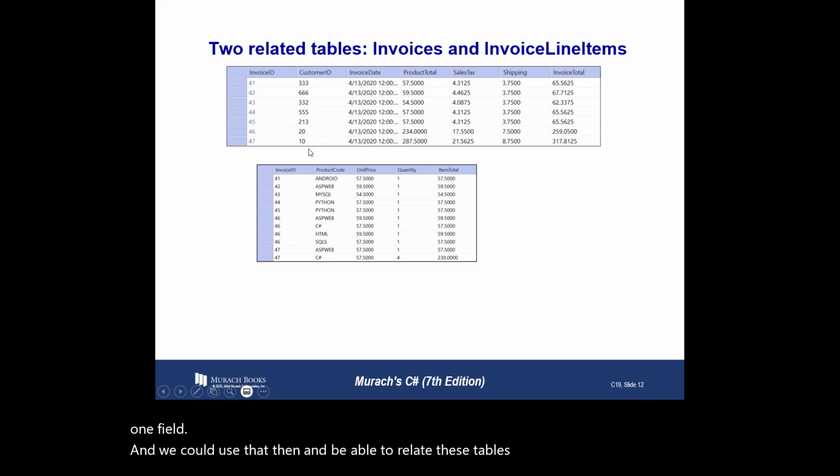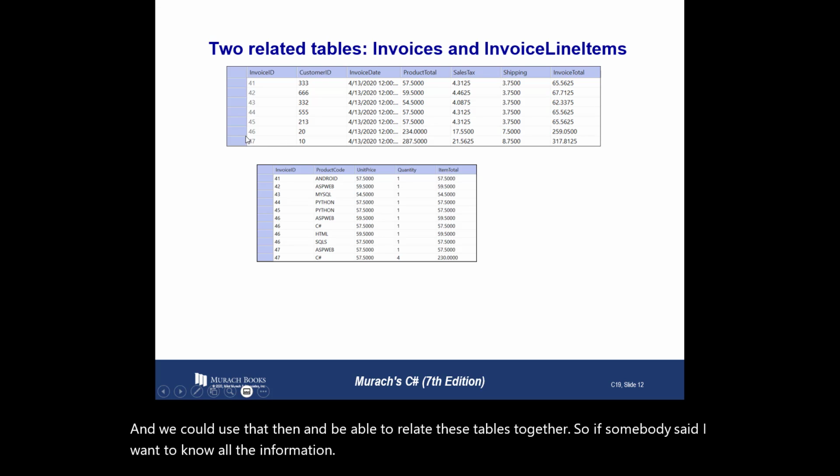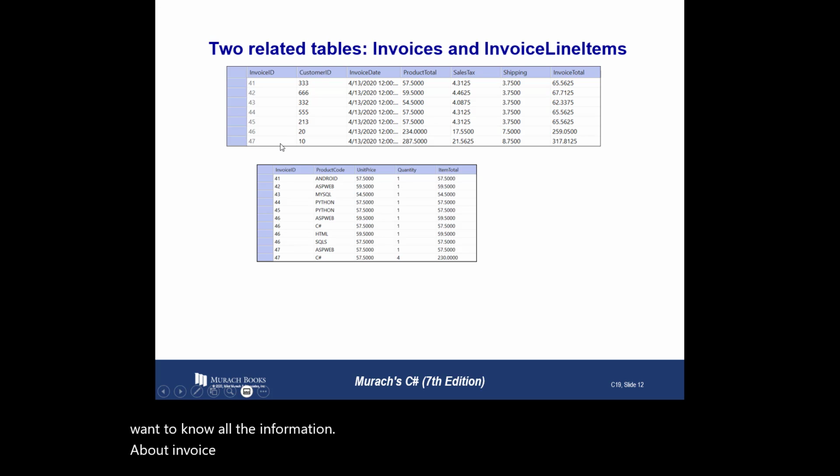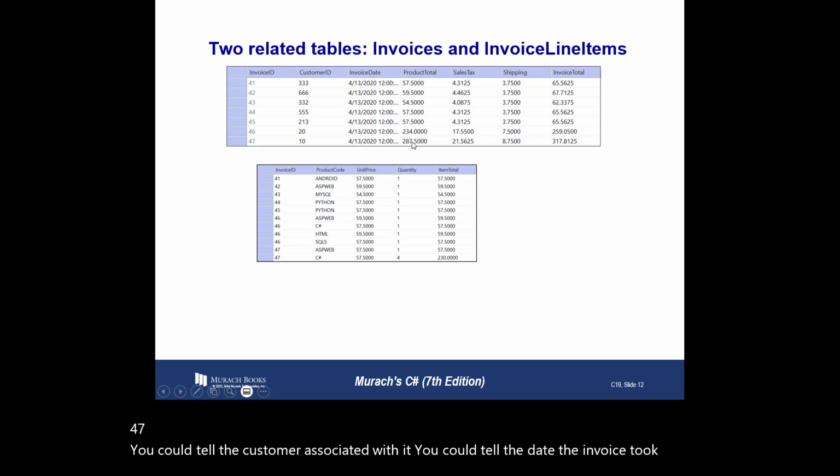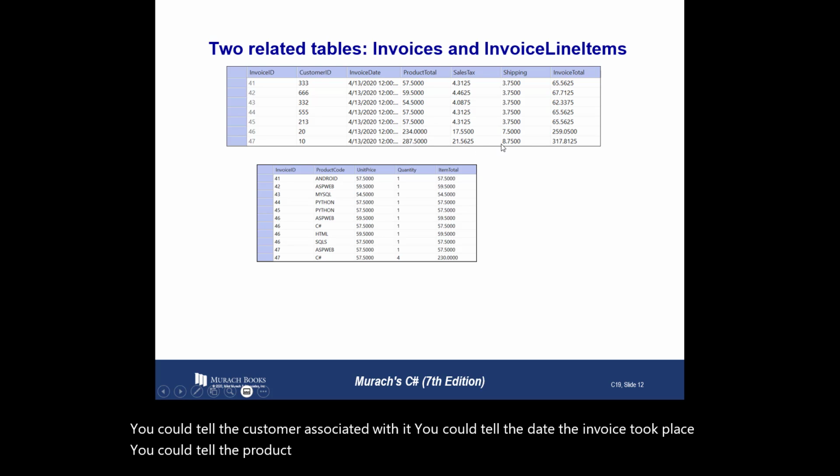So if somebody said, I want to know all the information about invoice ID 47, well, you could tell the customer associated with it. You could tell the date the invoice took place. You could tell the product total, the sales tax, the shipping costs, and the invoice total.